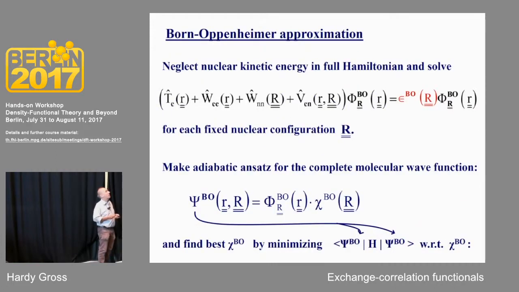One can make this adiabatic form of the full electronuclear wave function exact by requiring not anymore that this is a Born-Oppenheimer state, but something more general. And one can then, first of all, prove that this is an exact representation of the full electronuclear wave function.